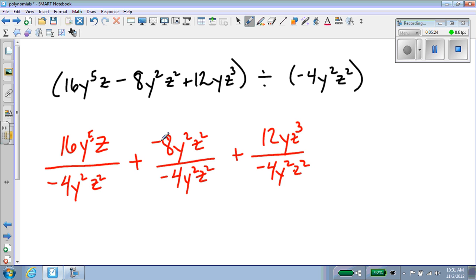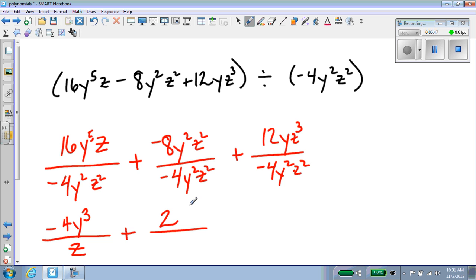Okay, I'm going to give that there. So I've got negative 4. I'm going to make this a fraction. So I've got y to the fifth divided by y to the second. So there are going to be 3 factors of y left in the top, 1 factor of z left in the bottom. Negative divided by negative is positive. So I've got 2.